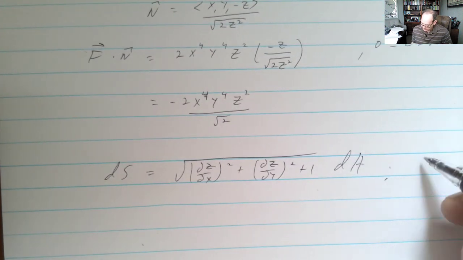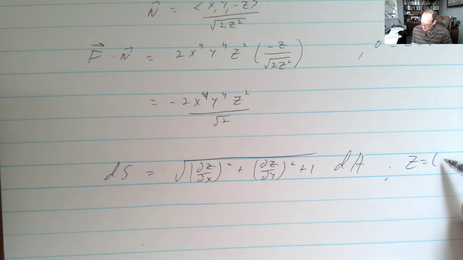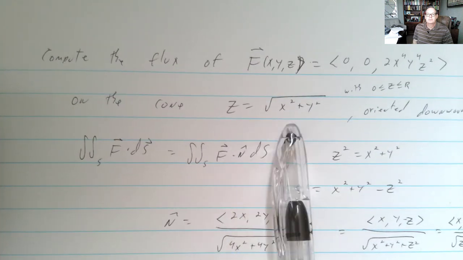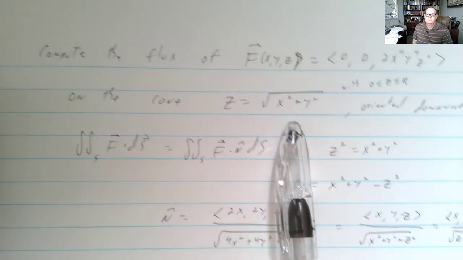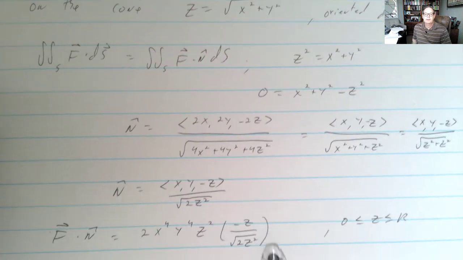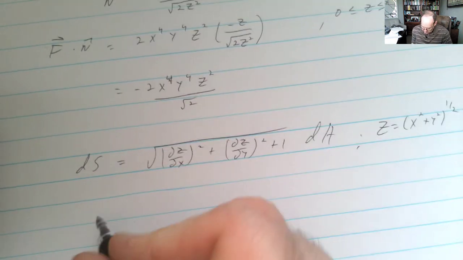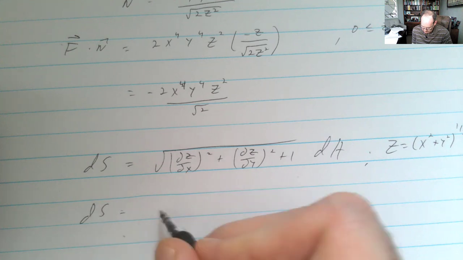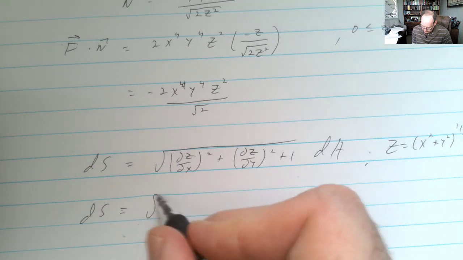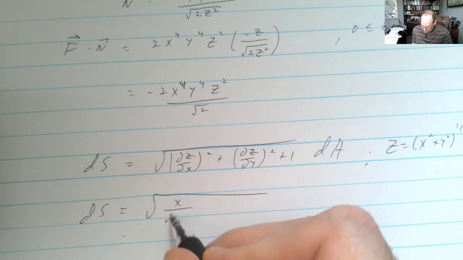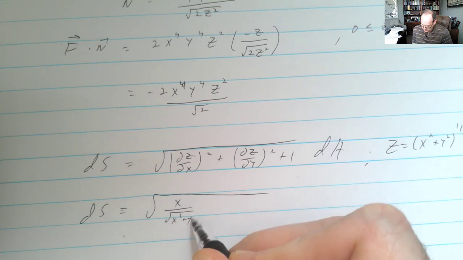My surface is z equals x squared plus y squared to the 1/2. That's the rule right there for the cone, even though we rewrote it a couple times. So this will just be x over the square root of x squared plus y squared.